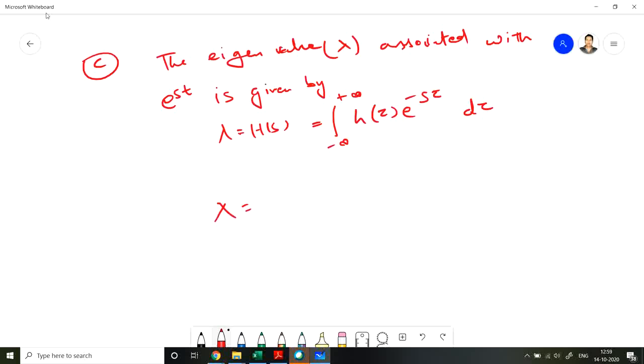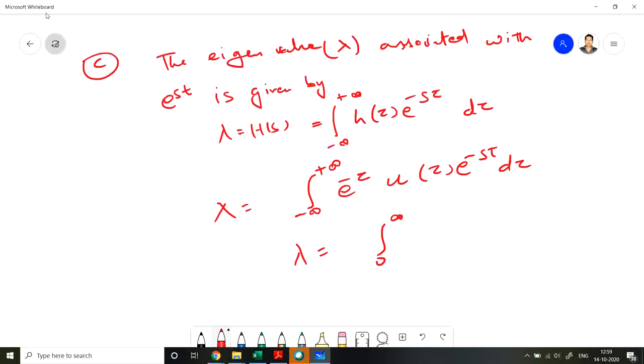So lambda is equal to the integral from minus infinity to plus infinity of e raised to the power minus tau u tau e raised to the power minus s tau d tau, and it is equal to the integral from 0 to infinity of e raised to the power minus s plus 1 tau d tau, that is equal to 1 divided by s plus 1, if real part of s is greater than minus 1.